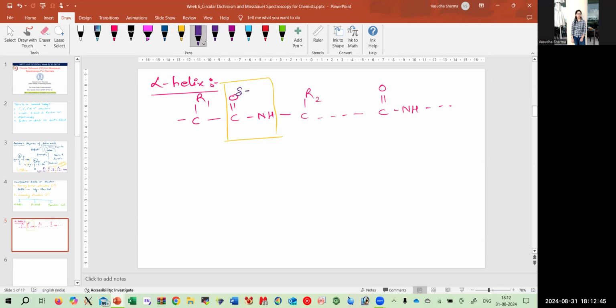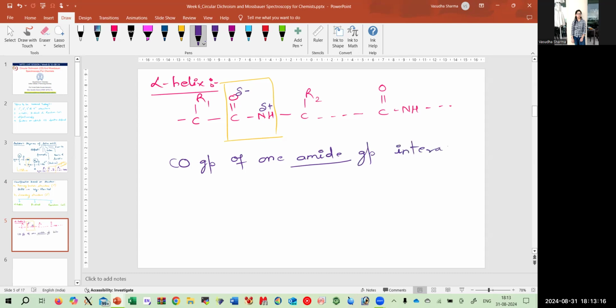Since oxygen is more electronegative than carbon, the charge density would be on the oxygen, and here we would have a positive charge on nitrogen. So this polarity, the CO group of one amide we are talking about, not the amino acid, the amide group.